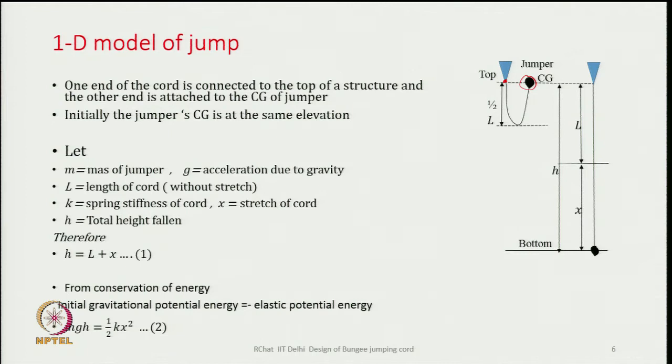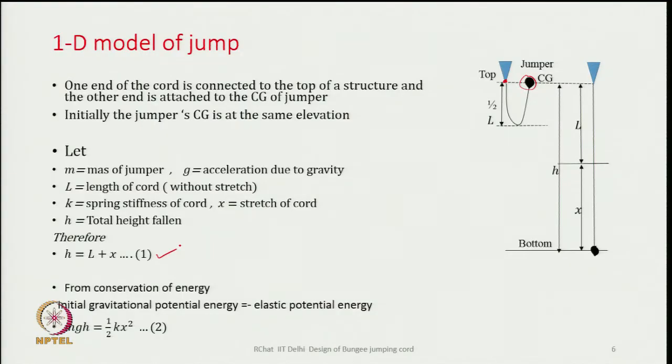So, what we can write from the schematic is that h is going to be L plus x, where L is the length of the cord without stretch. So, as the person jumps and falls by a height of L, then onwards only the cord starts elongating, and it keeps on elongating till the entire energy is absorbed by the extension of the cord.